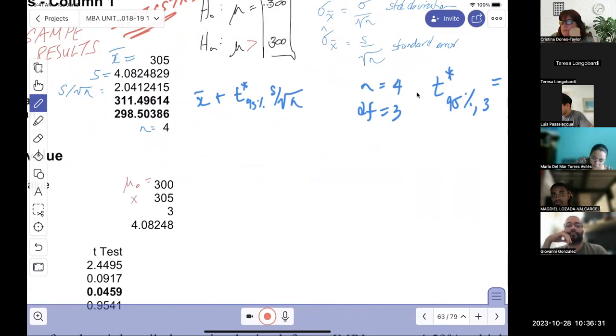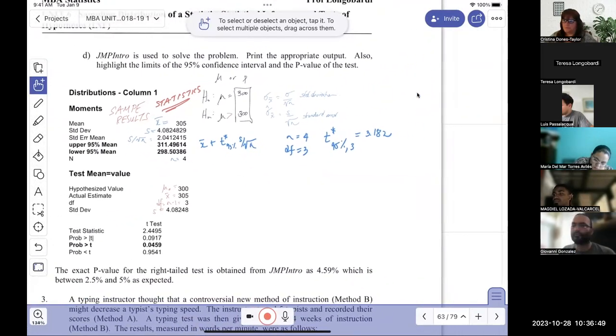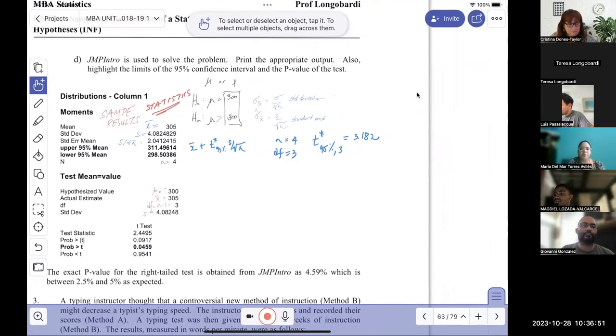And this is X bar. And this is N minus 1. And this is S. And with all that information, you should be able to calculate the T statistic.